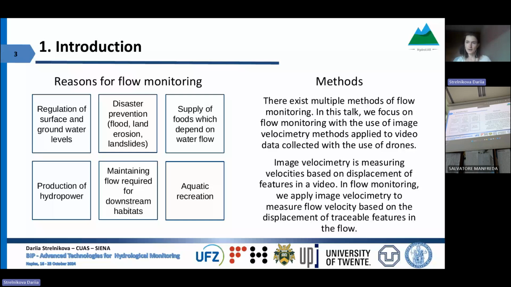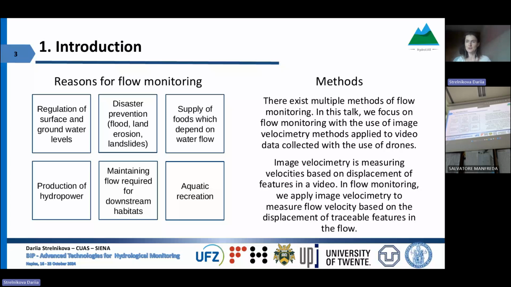Then there is hydropower production, which is closely connected also to the environmental issues. On one hand, this is clean energy. On another hand, of course, hydropower dams introduce some obstacles for the migratory animal species or fish species. And on one hand, we need this hydropower, and we need to understand how much water we have to produce it.